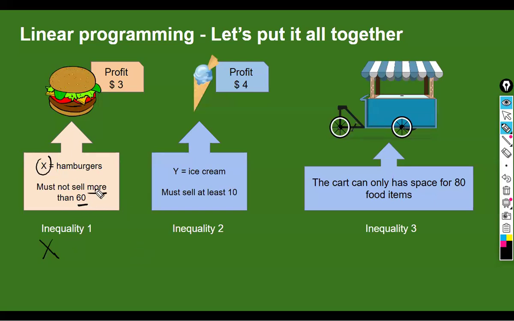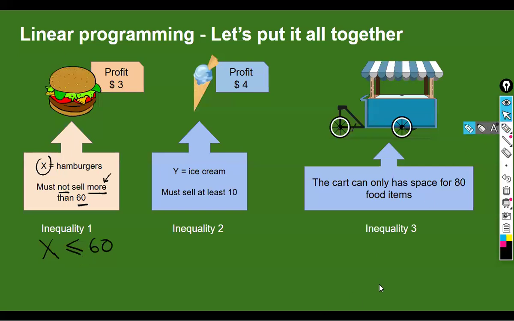Now, be careful. I know you see the word more. So you're going to put more than or equal to 60, or more than 60. But I told you not to sell more than 60. So that means we have to sell less than or equal to 60.